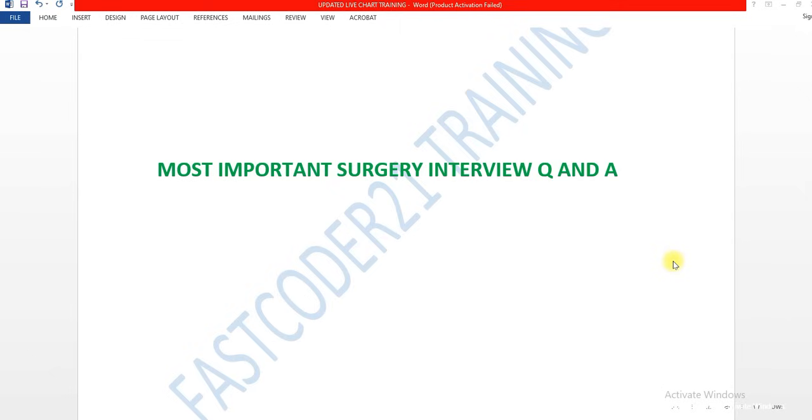So what is excision? Excision is defined as a full thickness removal of skin including margins and includes simple closure when performed. So just try to remember that excisions include simple closure.